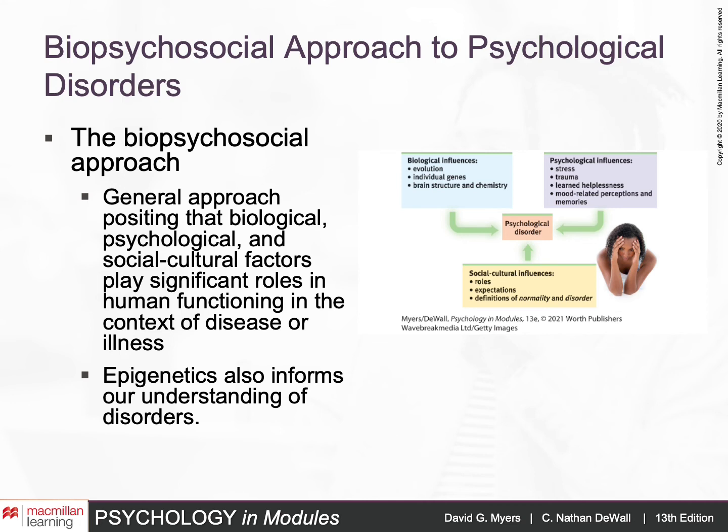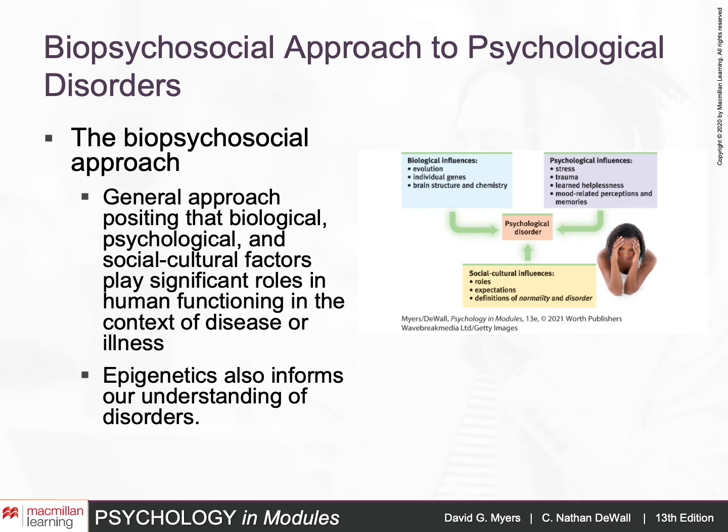Societal influences. One of these societal influences is going to be the particular roles that we ascribe to, for example, women versus men, right? So women are often perceived as being more emotional and more likely to experience sadness, whereas men are perceived as much less emotional, but maybe more likely to experience anger.